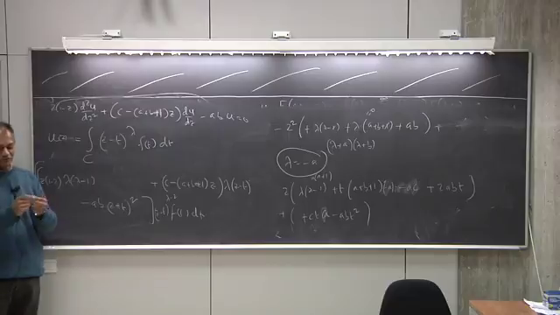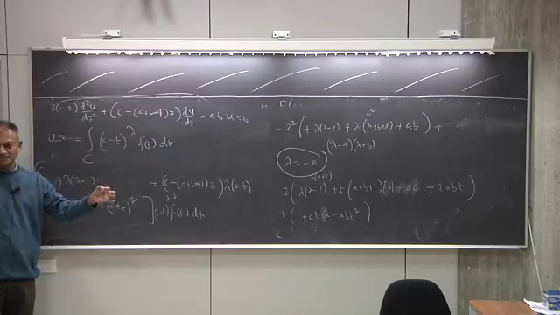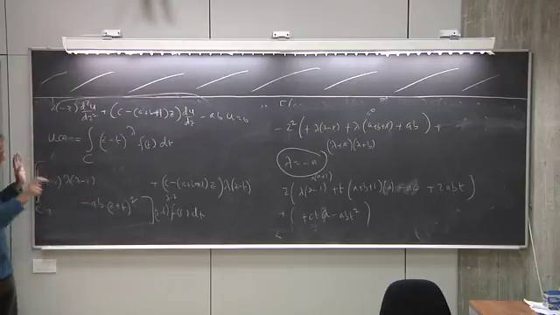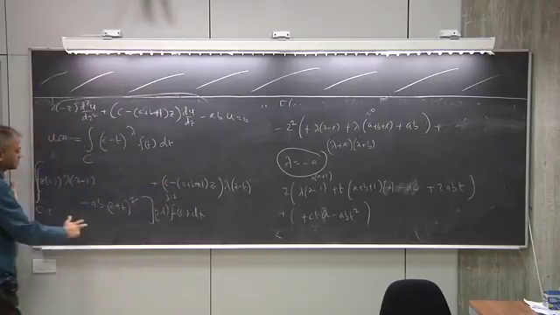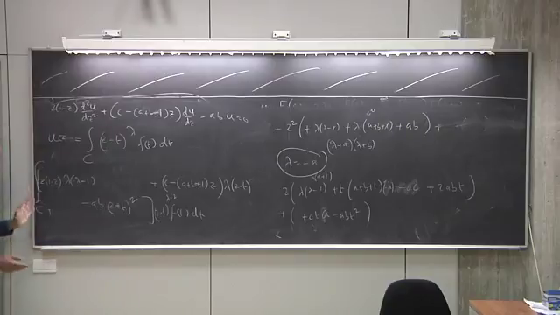For example, if you choose an open contour such that at the end points... so there are two steps. The idea is that suppose I can write this whole thing as a total derivative in t. Then the result will be simply the boundary terms. And if you choose the contour in such a way that the boundary terms vanish, then you're done. So this is a strategy.